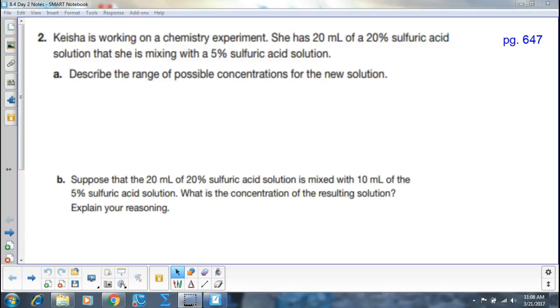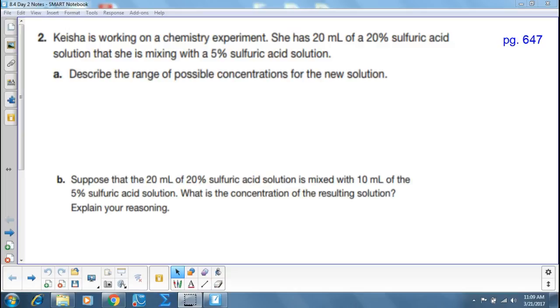Okay, well, let's think about it. Can I borrow your apple juice for 2 seconds? If I've got 20 milliliters of sulfuric acid in my cup here, and the apple juice is going to represent the 5% stuff, if I pour that in there, is that concentration going to get bigger?